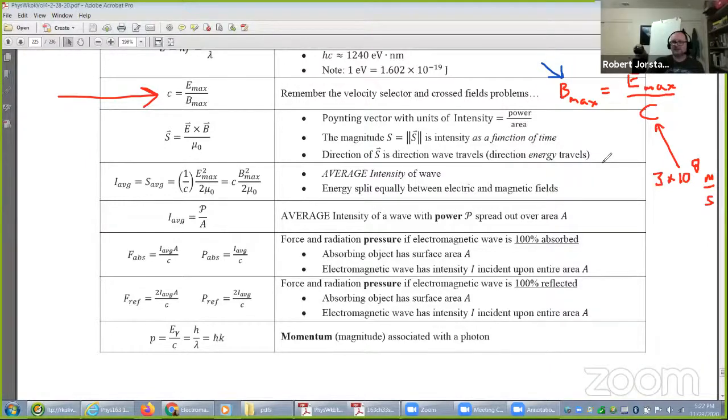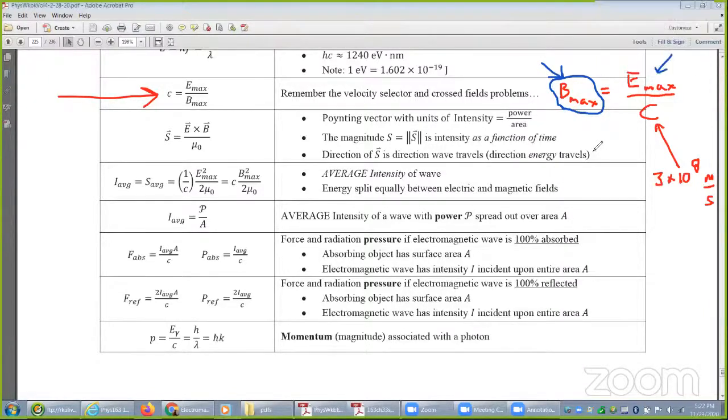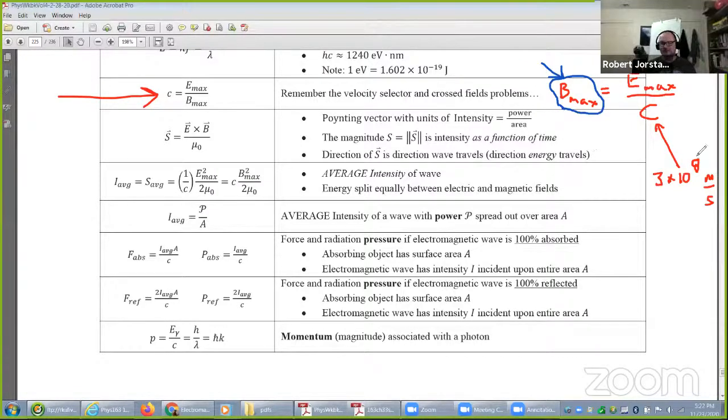If we look at these, what do you notice about the size of Bmax compared to the size of Emax? Much smaller. Yeah, Bmax would be 1 billion times smaller, right? Because it's divided by 10 to the 8th, which is almost 1 billion.